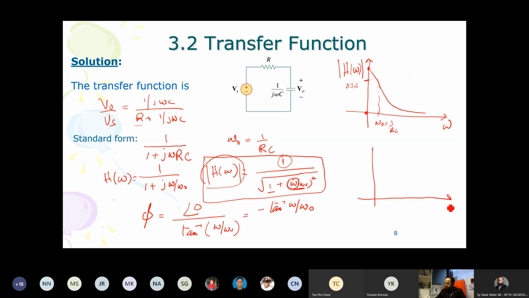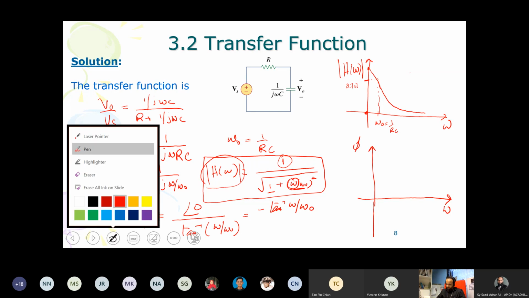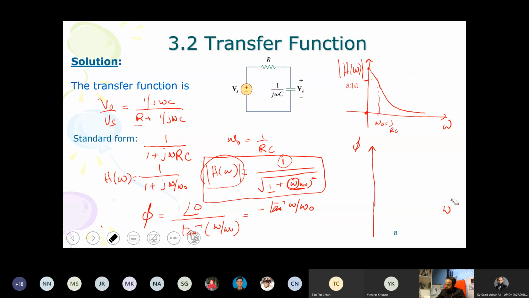And if we try to plot the phase, what will be the angle if omega is 0? Tan inverse of 0 is 0. Let me make the line a bit higher, because it's a negative. So I'm expecting something.